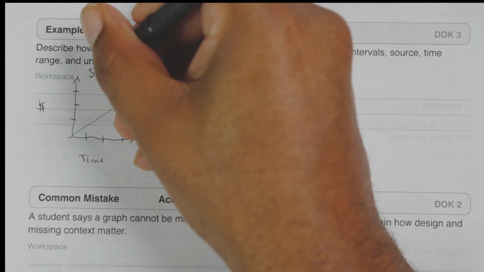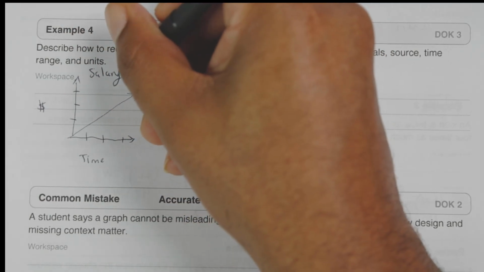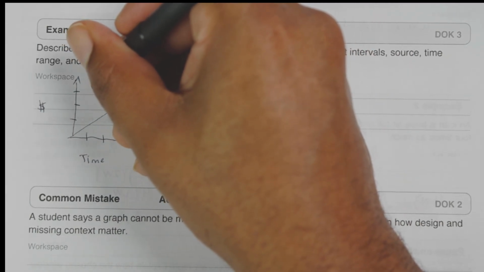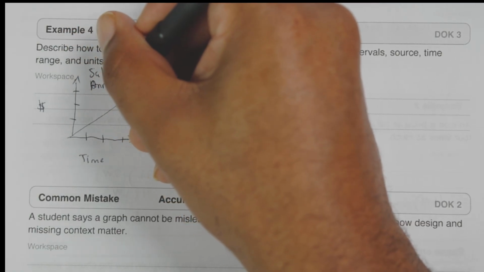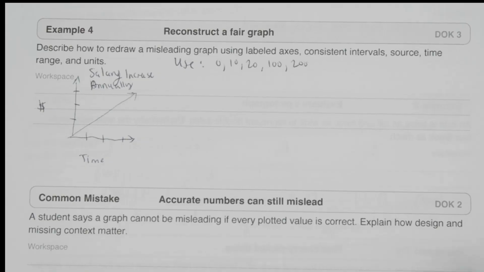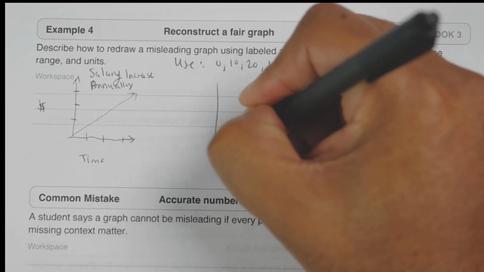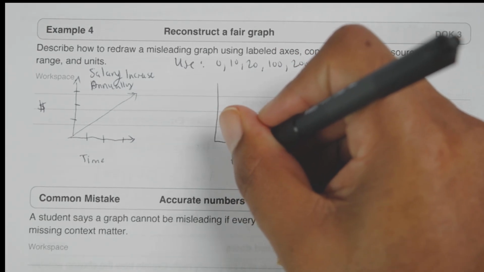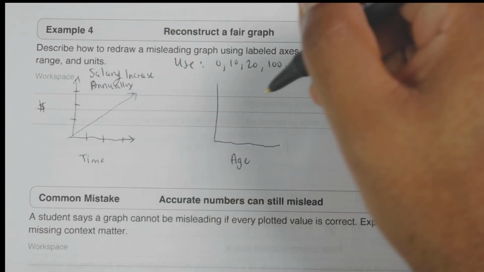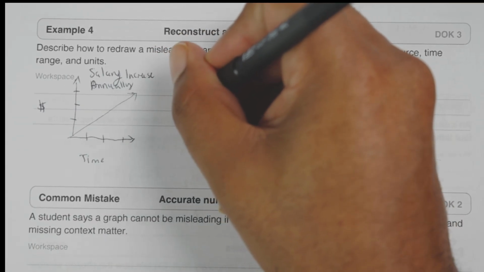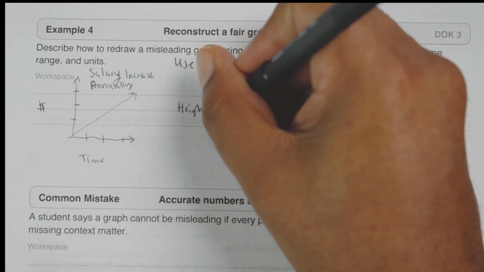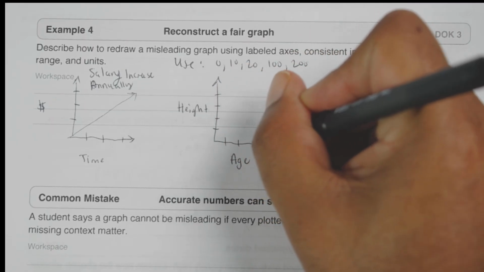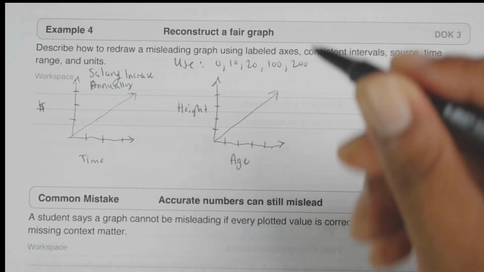Let's say this will be salary increase annually. Let's just say that's the title of your graph. Also, we could say age and height. Your height is going to increase with your age.